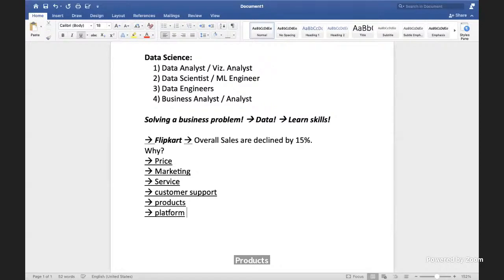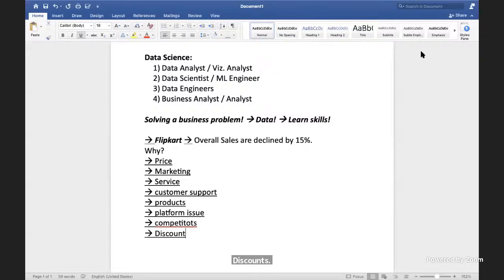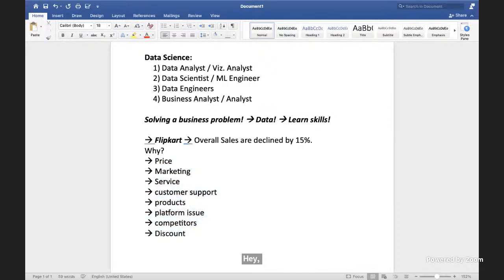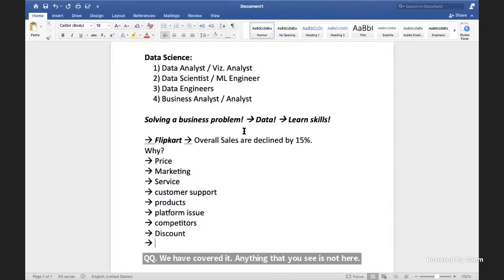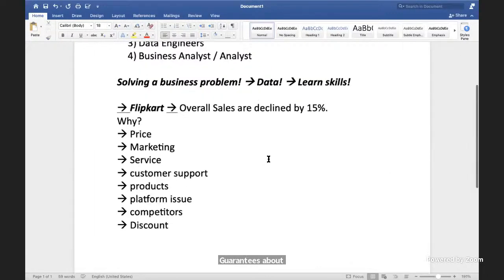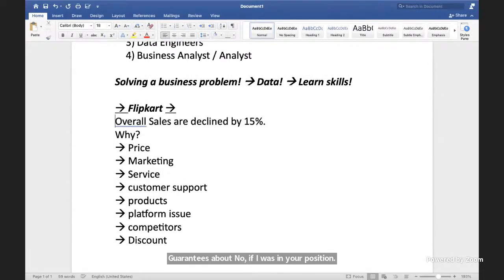Okay. Anything else? Competitor pricing. Good. Competitors, discounts. Quality. Okay, we have covered it. Is there anything that you see is not here? Lower volume sold, of course. That's why sales are less, Rachel. Warranty support. Okay.